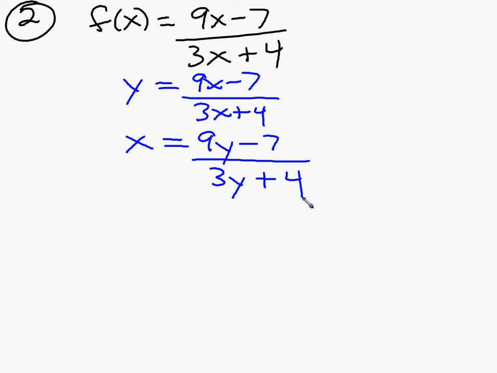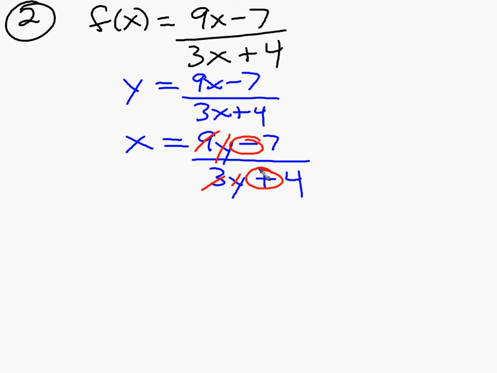And I have to solve for y. Now don't get overwhelmed with this, and don't start making bad algebra decisions. What would I call a bad algebra decision? Saying, oh, I can factor out this 9 and this 3, and I can do this and this. No, you can't do that. That's illegal because these are connected with addition.